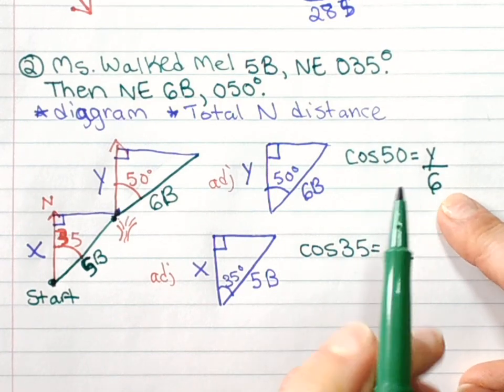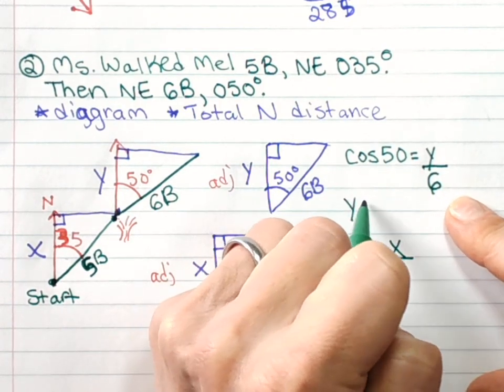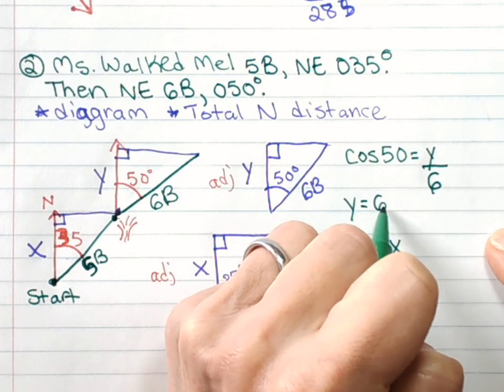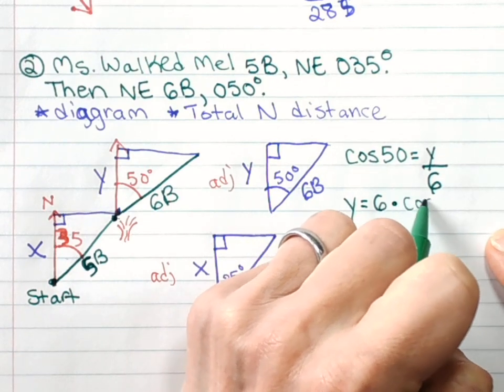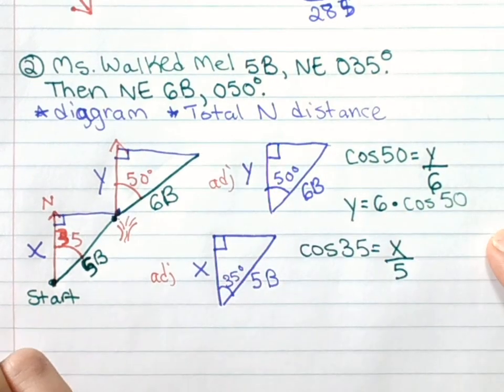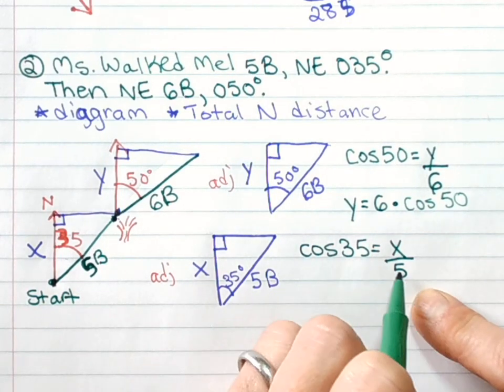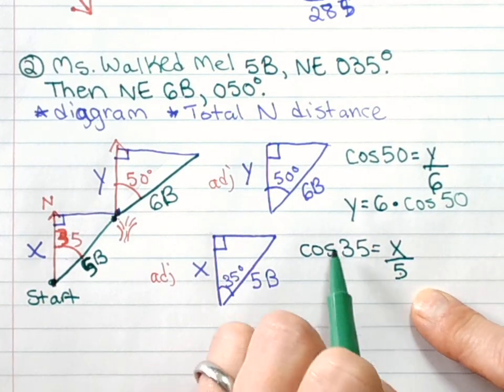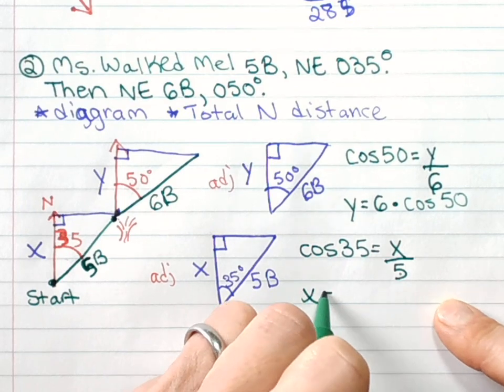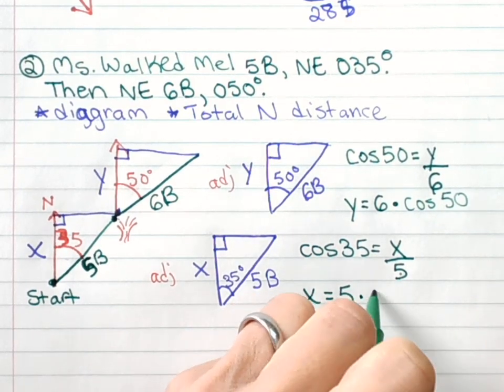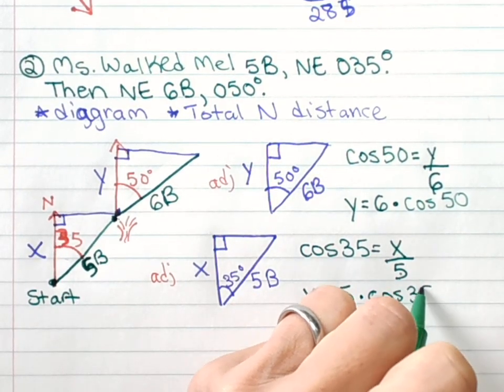One step to solve. y is equal to 6 times cosine of 50. Same process here. Multiply both sides by 5. x equals 5 times the cosine of 35.